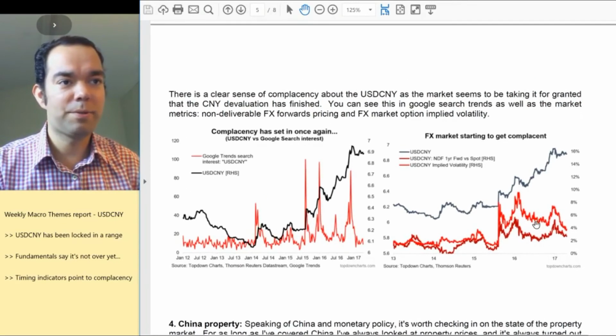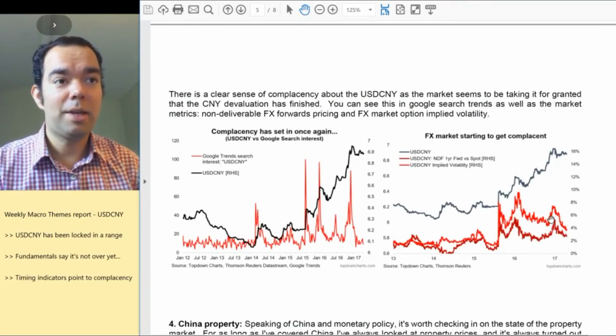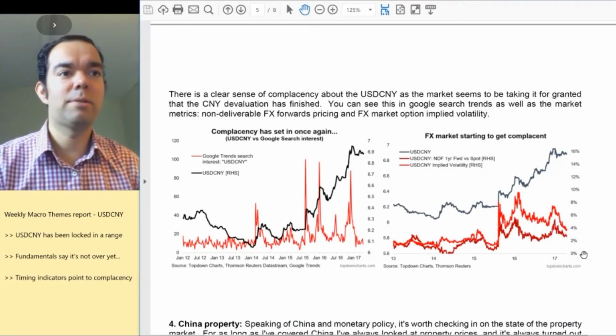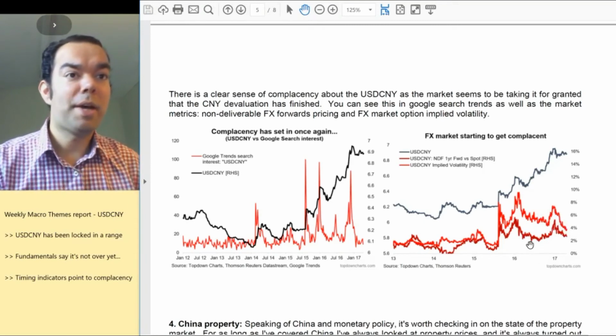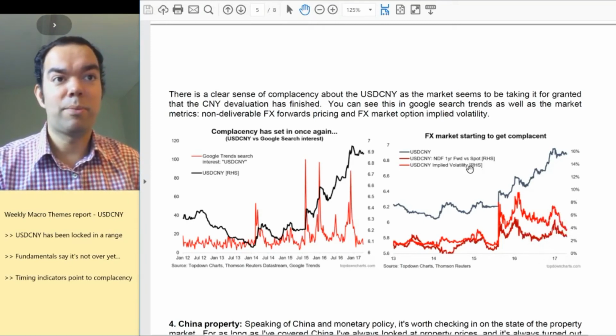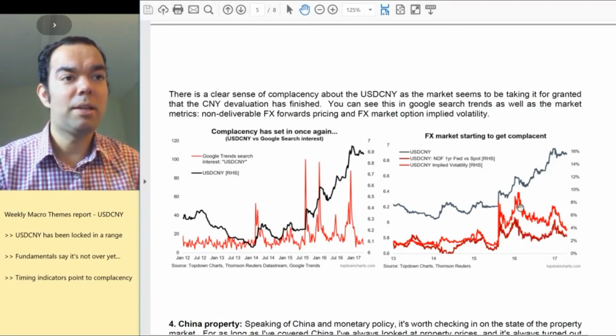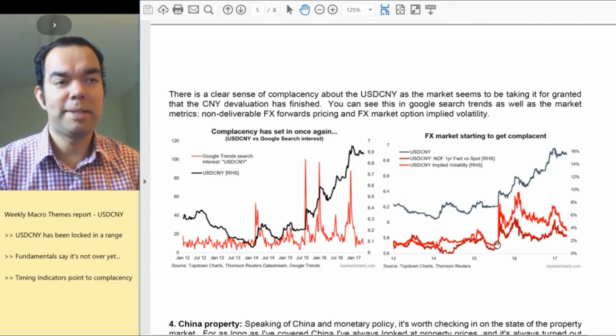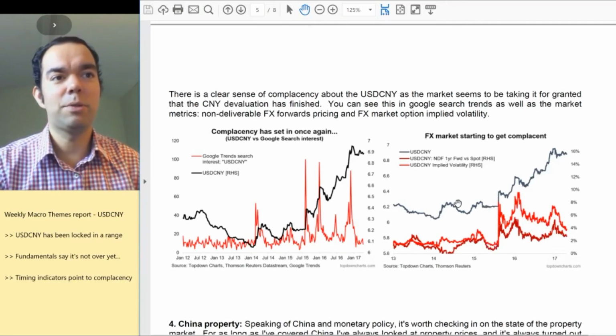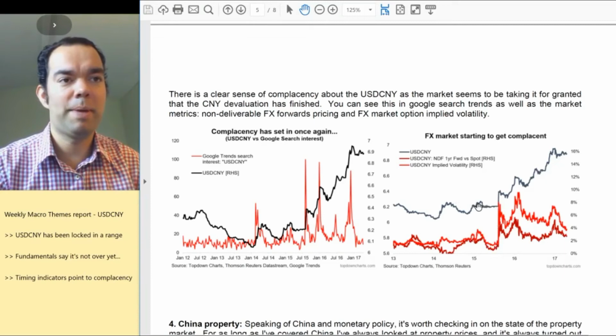This one is more of a market-based measure. The bright red line is implied volatility in the forex markets, so it's kind of like the VIX. And the dark red line is the non-deliverable forwards, the premium of the 1 year versus the spot. Again, you can see they'd gone to very complacent levels. And, yeah, it was justified because it was locked back into a range then.